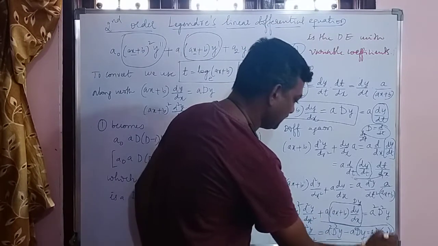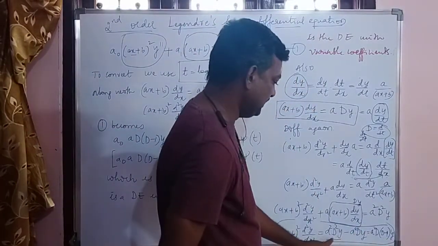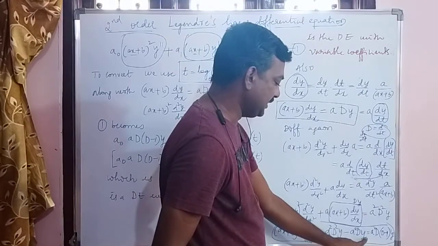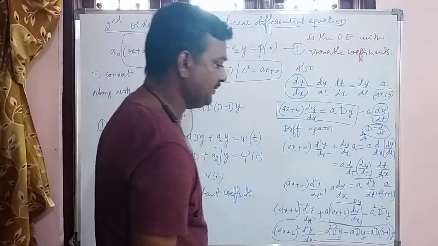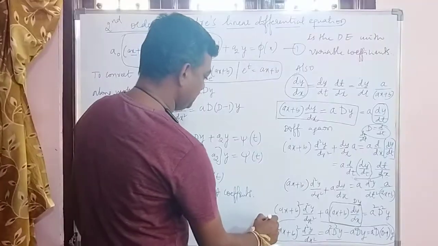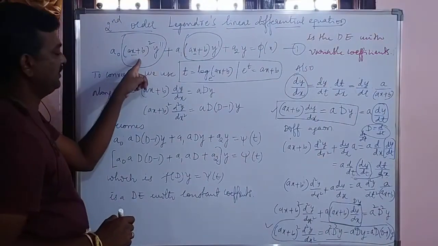So it becomes a square D y, or in these two terms, on the left side you can take D common and on the right side y common. You will get D into (D minus 1) into y. So you can substitute this in equation number 1.